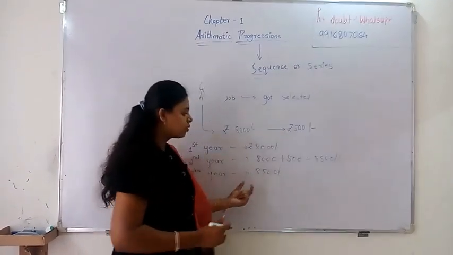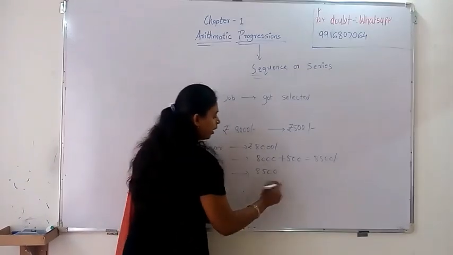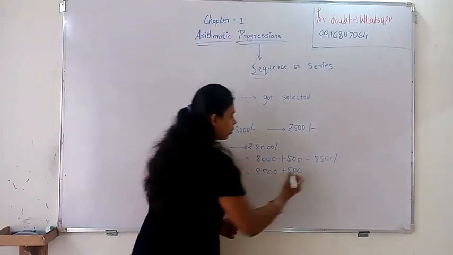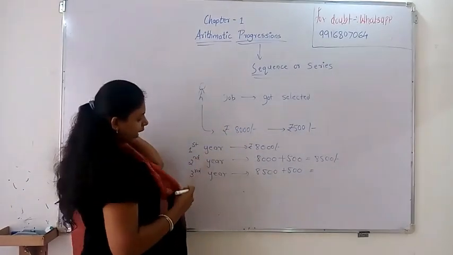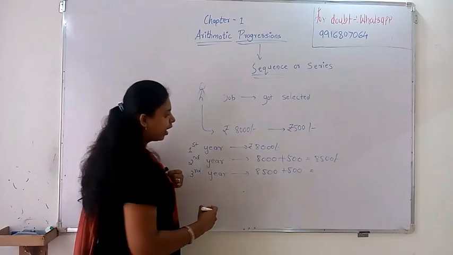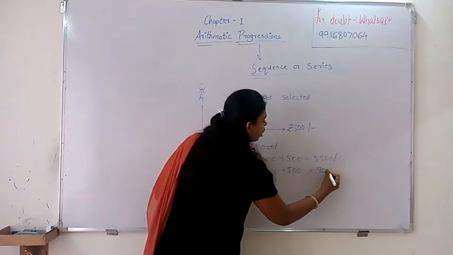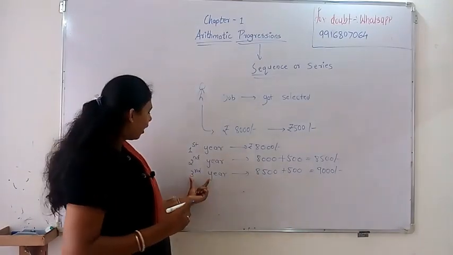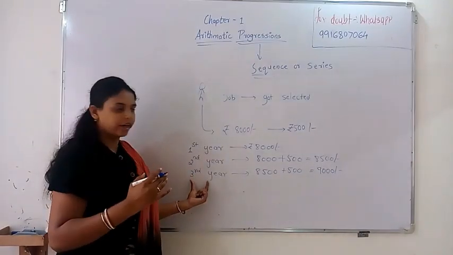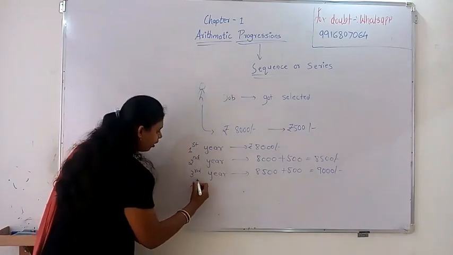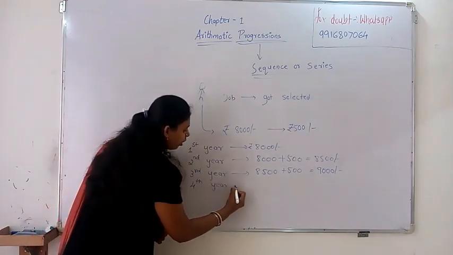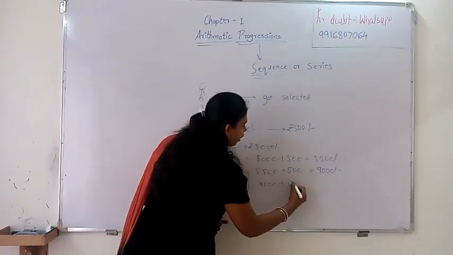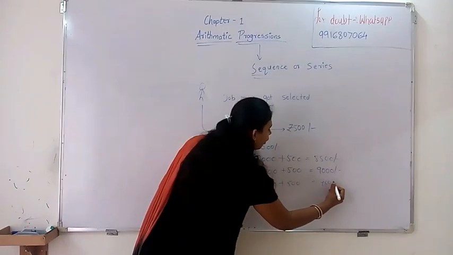The second year's income is 8,500, correct? Then the increment is added to this, 500. So she will get 9,000 per month from the third year, correct? This series we can write continuously. Next, fourth year, 9,000 plus 500 increment, 9,500.